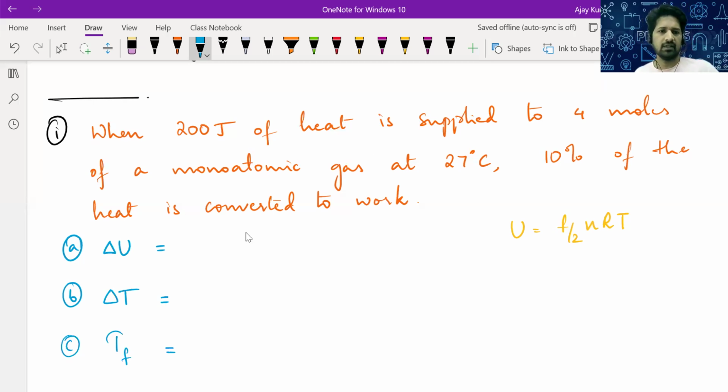Read the question carefully and find these three quantities. And just for convenience, in this problem, take R to be approximately 8 joule per mole per Kelvin. It's actually 8.314, but let's approximate it to 8.